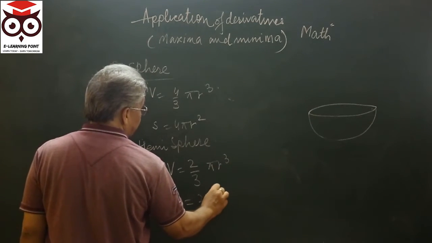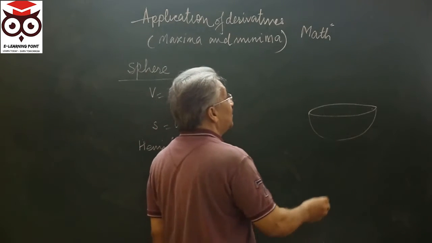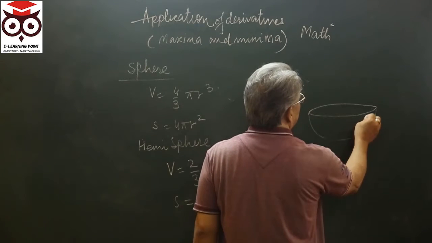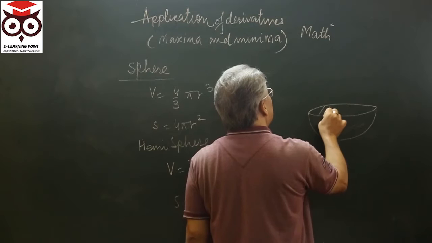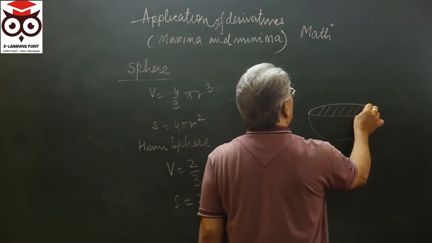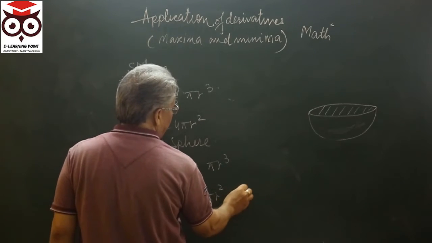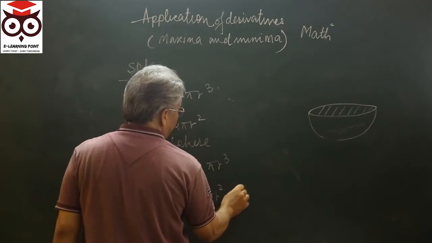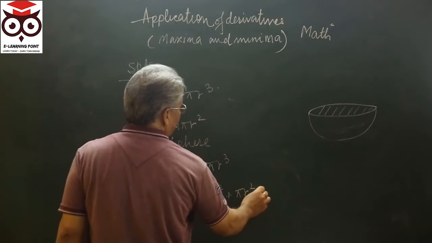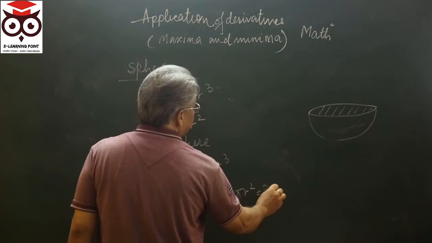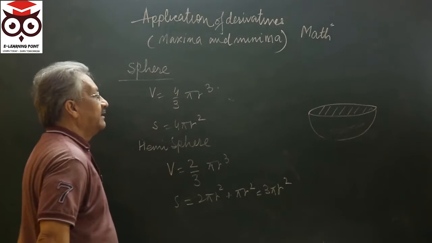The surface area is 2 pi r square, but this is only for that side. Right? But जब हम हेमिस्फीयर बोलते हैं ये भी इसके अंदर इंक्लूड हो जाता है, तो इसके अंदर हमारा प्लस पाई आर स्क्वायर और इंक्लूड हो जाएगा, so total result will be 3 pi r square.